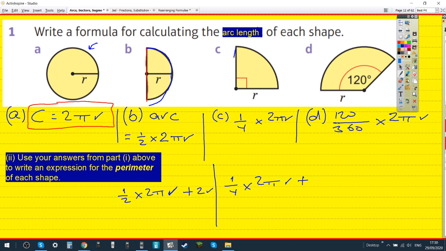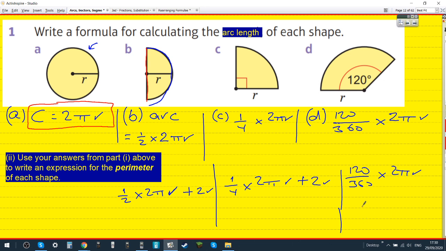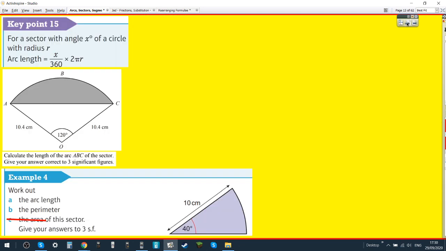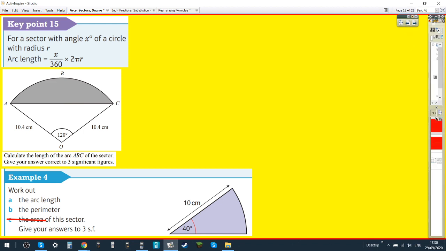Just 2, because there's a radius here, a radius here. That's r. So plus 2r would add up to the total perimeter. And question D, you need to add 120 over 360 times 2 pi r to 2r. Plus 2r. That's it. Well done. Great. Okay, let's put it into practice.